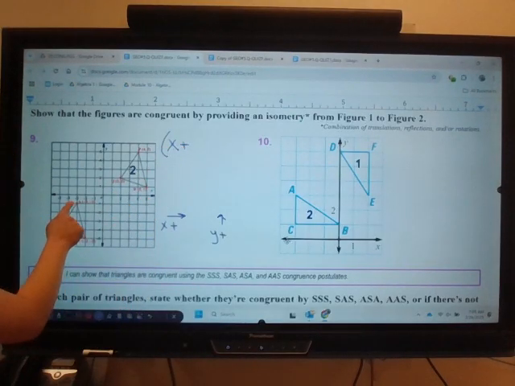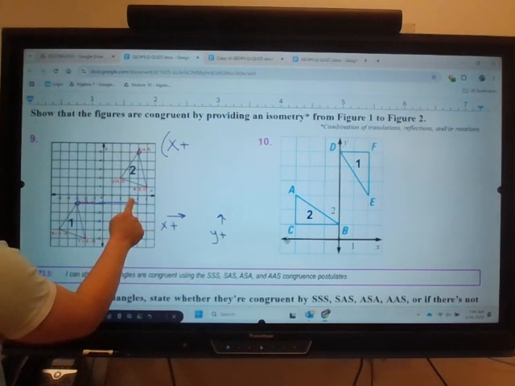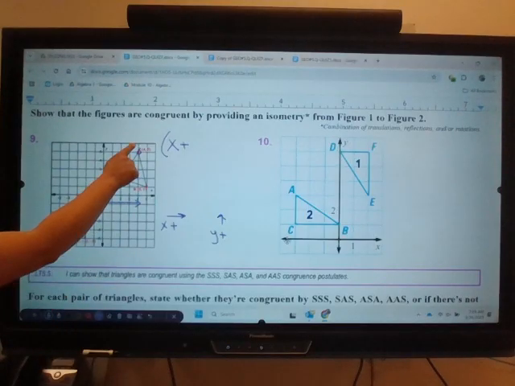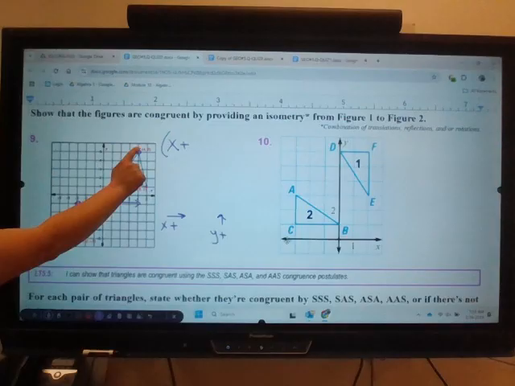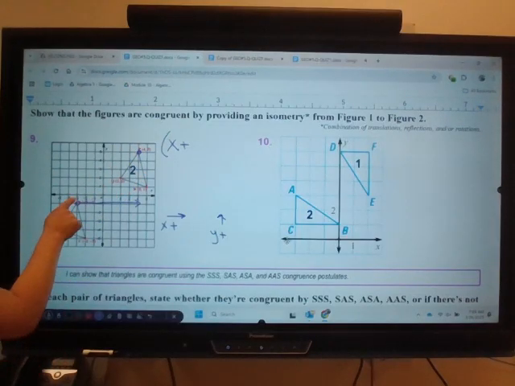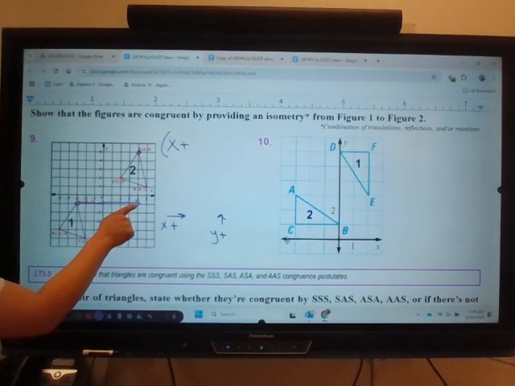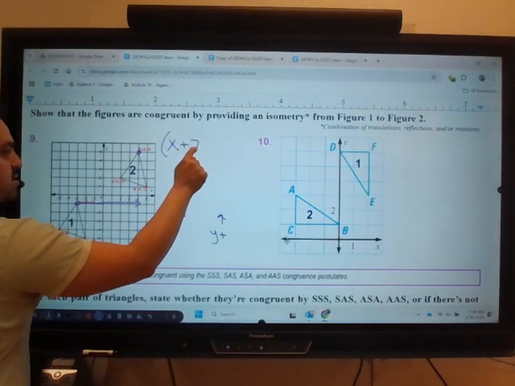X plus how many? Well, let's look at point A to point P first. How many do we have to move A to the right before we move up so that it's going to replace point P here? Let's see, 1, 2, 3, 4, 5, 6, 7. So it'll be x plus 7.